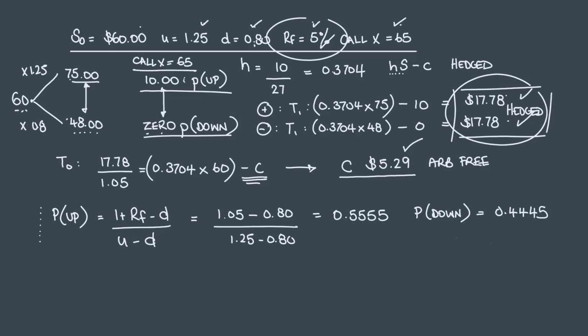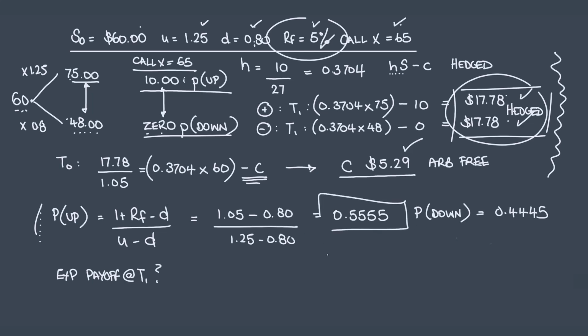How do we use them? Well, it's a much quicker way than going through this whole hedge ratio calculation. You can now just say, what is the expected payoff on my option at T1, using my risk-neutral probabilities? Well, the probability of an up move, we said, was 0.5555. What is my payoff after an up move?